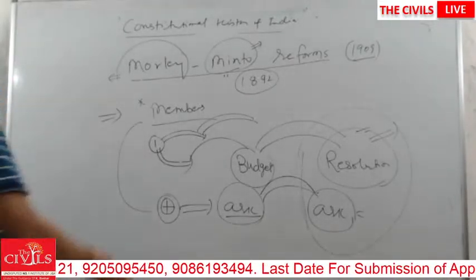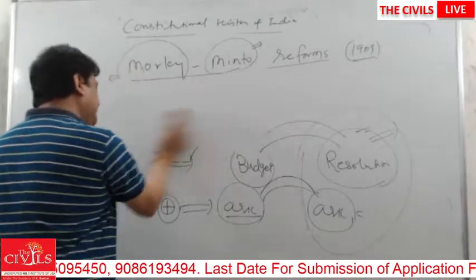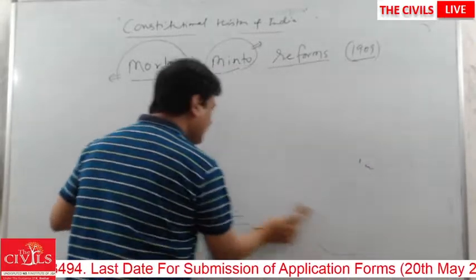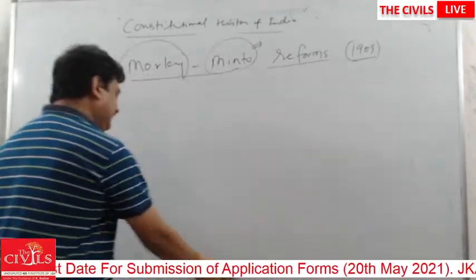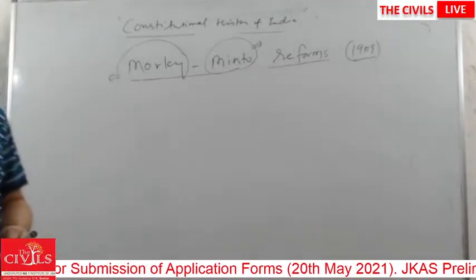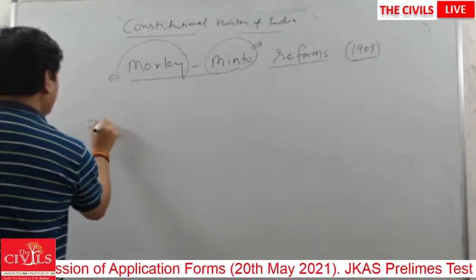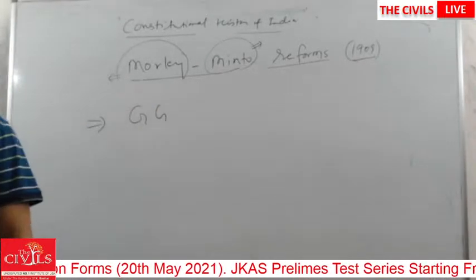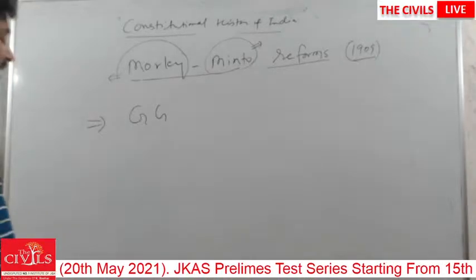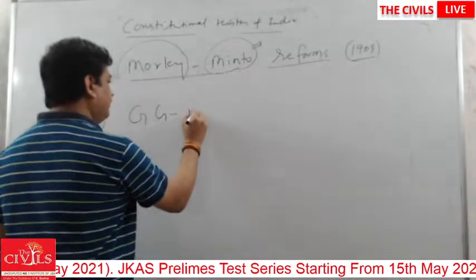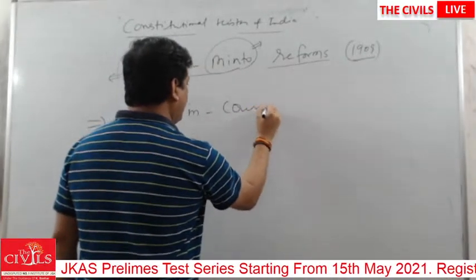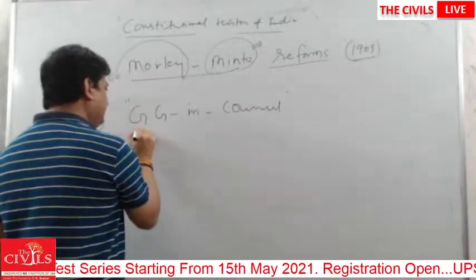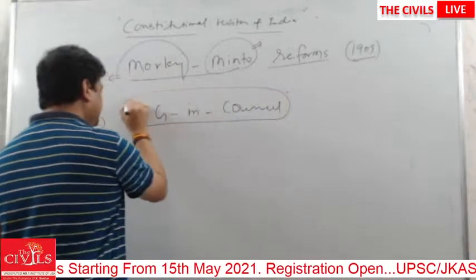Now the third important factor: the Governor General, or the Viceroy. The Governor General in Council, meaning the Viceroy and other members, which has how many members? 60 members.